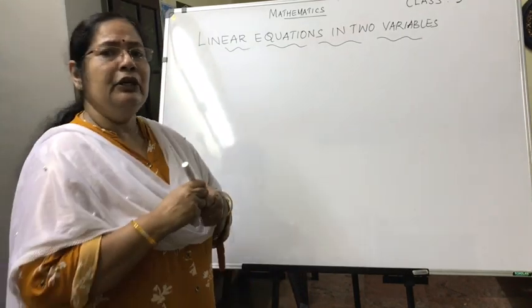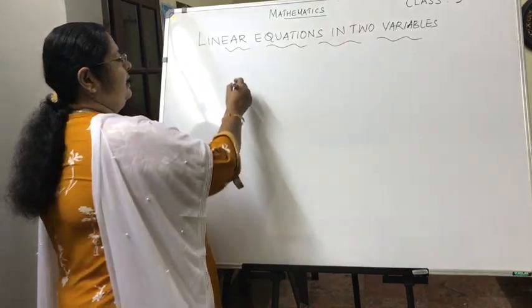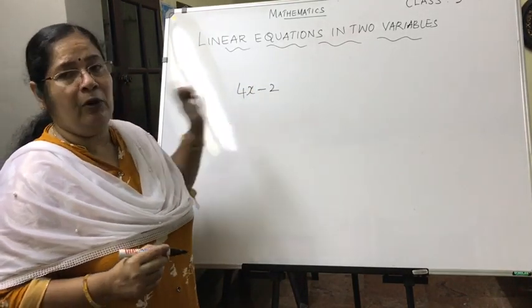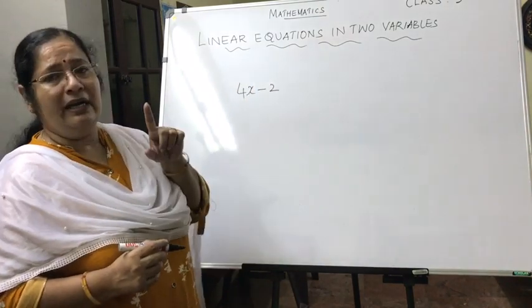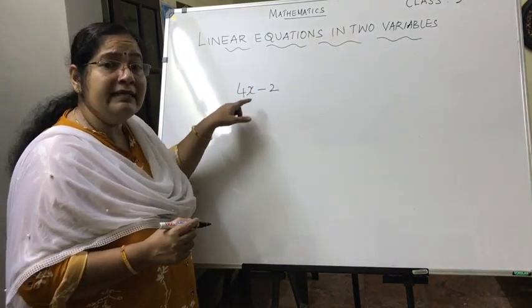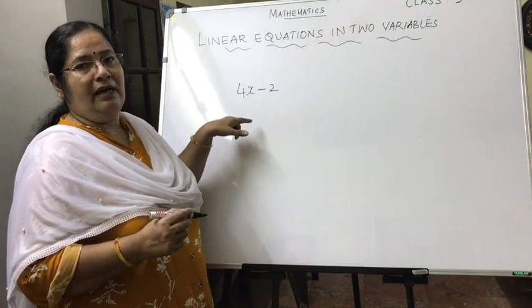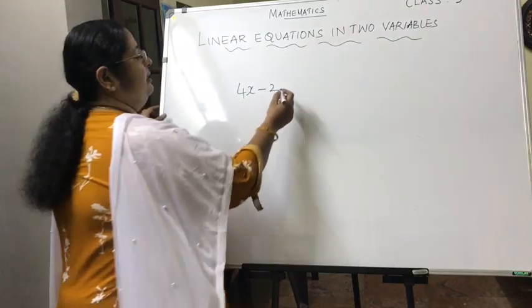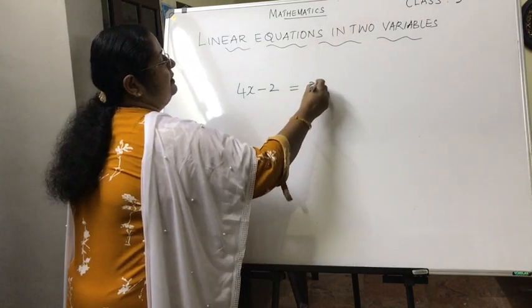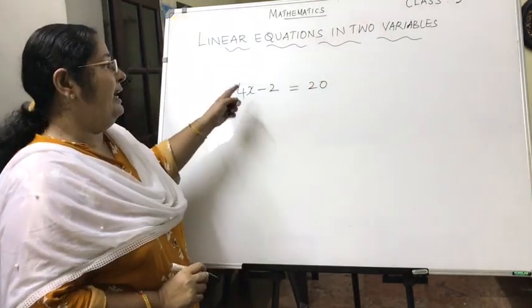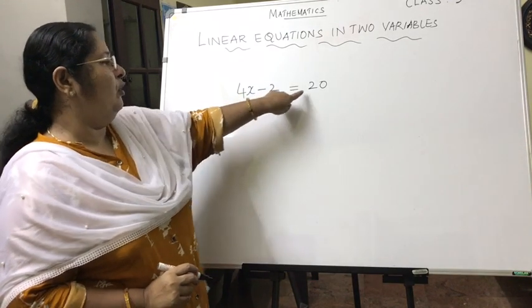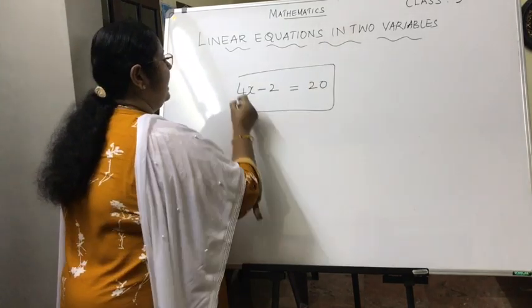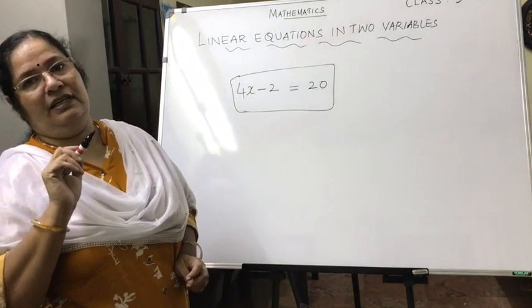For example, you take a linear polynomial, say 4x minus 2. This is a linear polynomial because its degree is 1. When I equate this linear polynomial, equating this means I am going to make this equal to something. So I am going to write this is equal to say 20. When I am equating a linear polynomial to something, this becomes an equation.